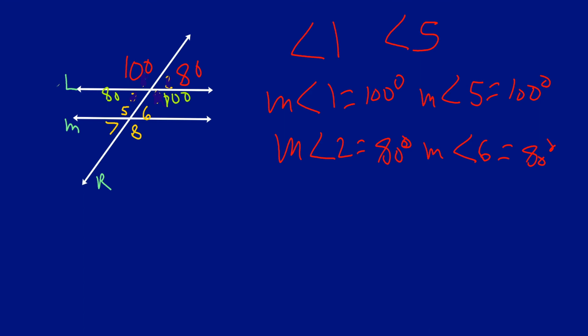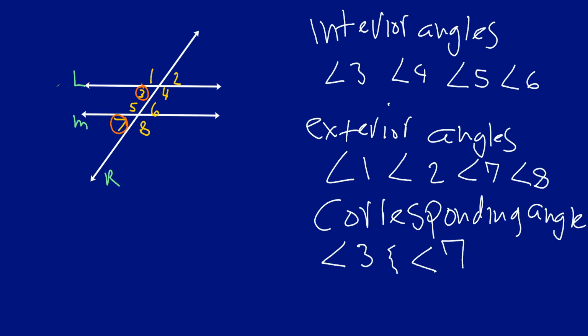So let me conclude what we talked about and finish this video. In this video, we were introduced to the idea of transversals. And essentially a transversal is where you have two parallel lines that are intersected by another line at a particular angle, whatever that angle might be. And so when you have this kind of situation, of course it's in a plane, there's lots of information you can find out about this transversal.